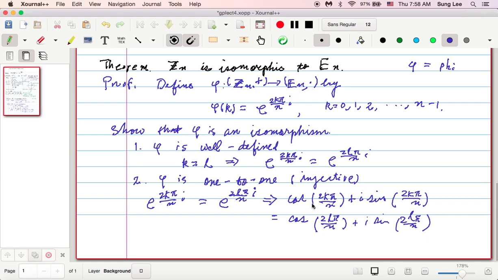These two complex numbers being the same means their corresponding real parts are the same and their corresponding imaginary parts are the same. So this implies that cosine 2k pi over n equals cosine 2l pi.